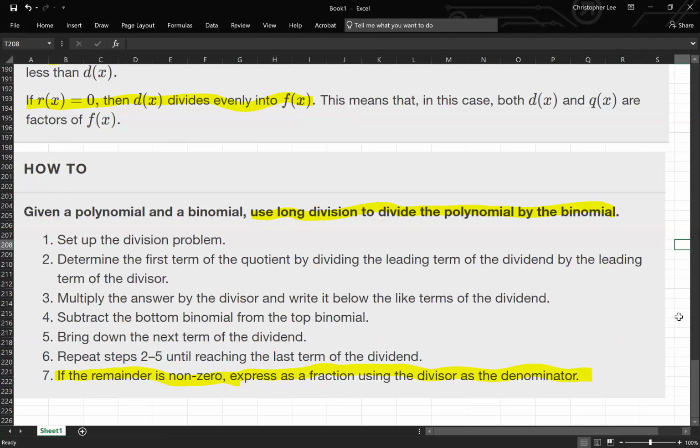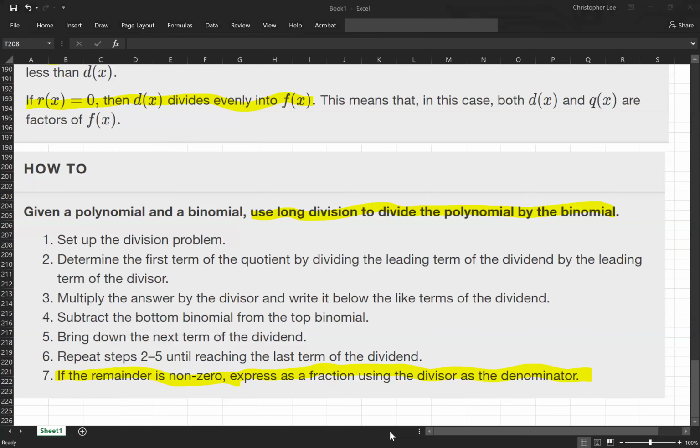Step 7, if the remainder is not 0, express the fraction using the divisor as the denominator. We know this already. This is how you do long division with numbers. It's the same thing, but now we're doing it with polynomials. Literally the same process.